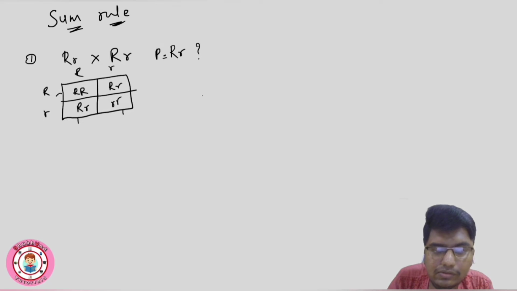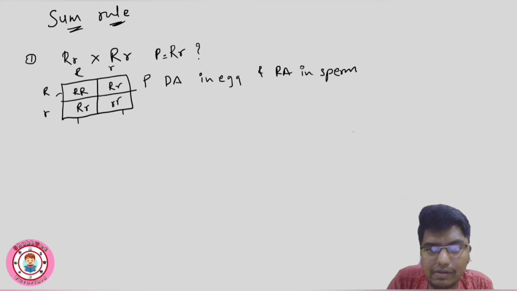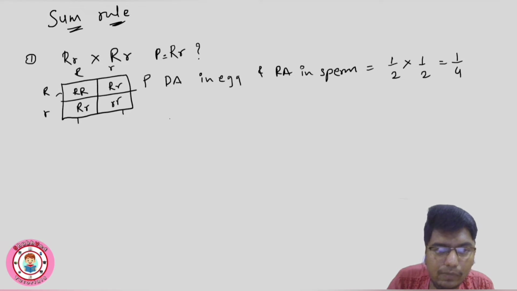So from this cross, what we do, first prediction, dominant allele in egg and recessive allele in sperm. Probability of this, dominant allele in egg and recessive allele in sperm, right? We know this is half chance. So it will be 1 upon 4. Okay, now next.